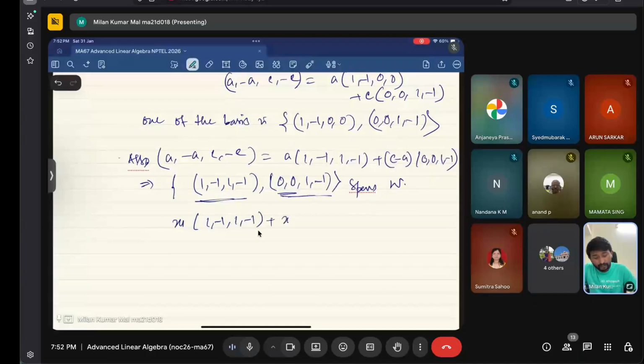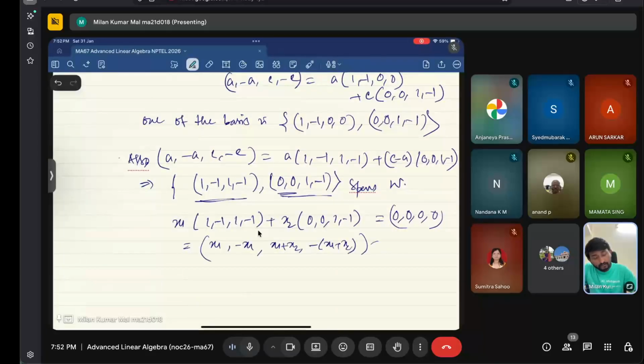Very simply, one can say this will be x1, -x1, -x1, and this equals 0. That is, x1, and x1 plus x2, minus of x1 plus x2, and this equals 0, 0, 0. So one will get x1 equals 0, and another will get x1 plus x2 equals 0.